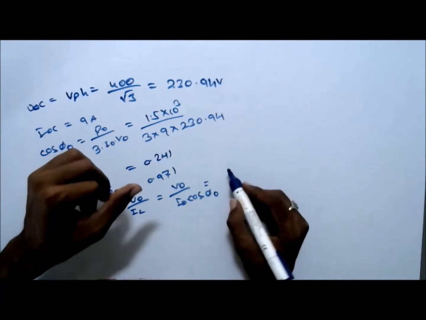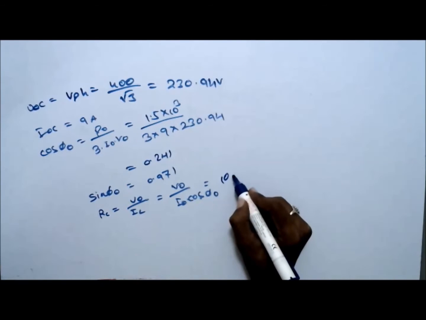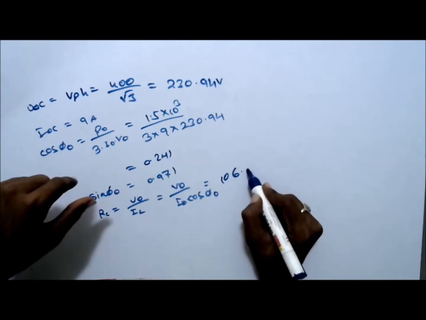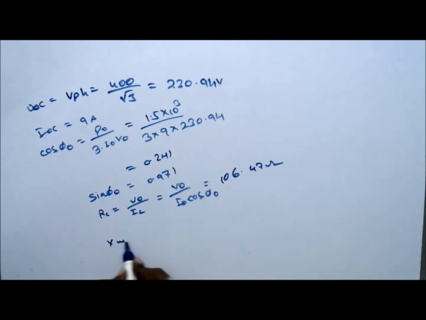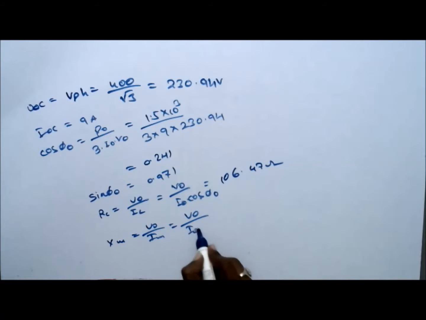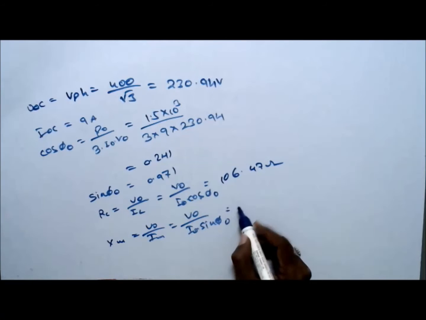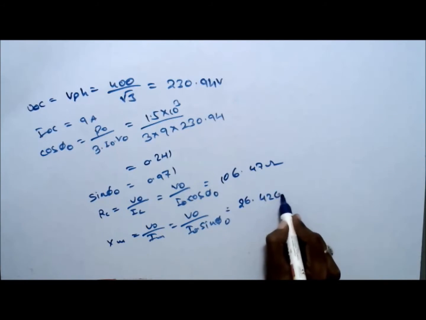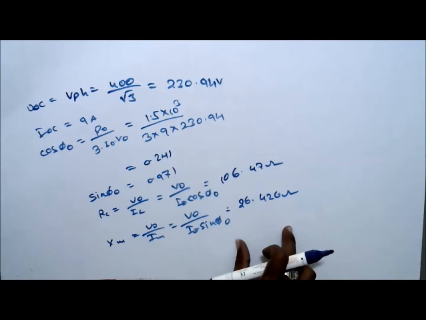So this value will be around 106.47 ohms, and Xm is equal to V0 divided by Im, that is equal to V0 divided by I0 sin φ0, that is equal to this value, around 26.426 ohms.